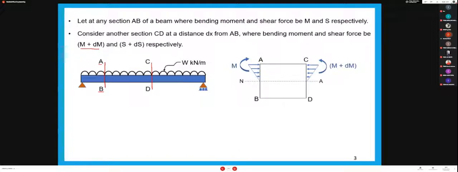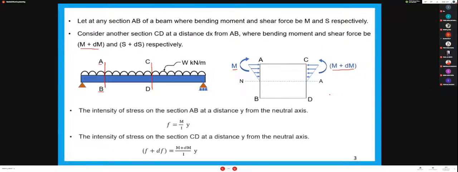Now we see that at section AB the moment is M and at section CD the moment is M plus dM. Now the stress intensity due to this bending moment is given by these equations. You have to remember these equations right now; in the bending stress topic, we derived these equations, which show the relation between bending stress and bending moment.